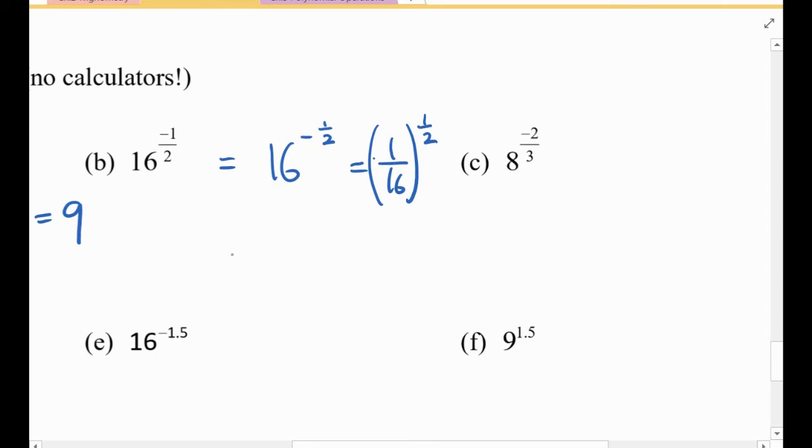After that, we're going to take the square root, because 1/2 is the same as square root. And we're going to split it like this. So root 1 is 1. Root 16 is 4. So the answer is 1/4.